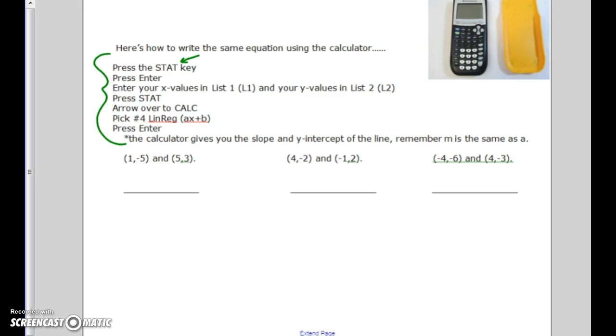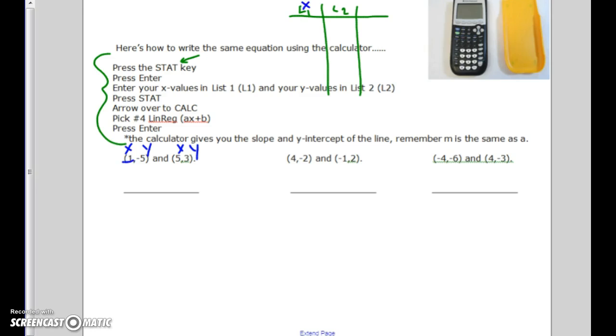It's going to give you a chart that has L1 and L2, is that correct? Yes, ma'am. Good. So then you're going to enter your values. Remember, this is your X and this is your Y. Under L1, that's where you want to put your X's.